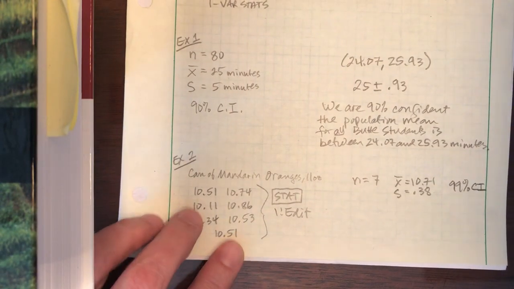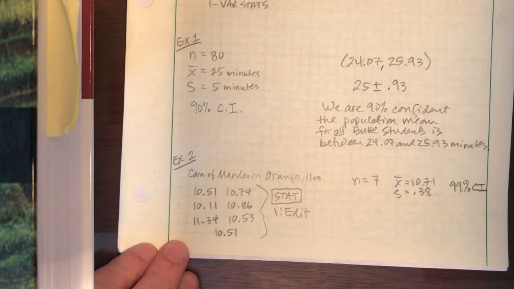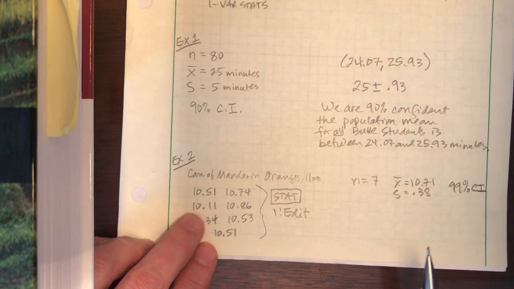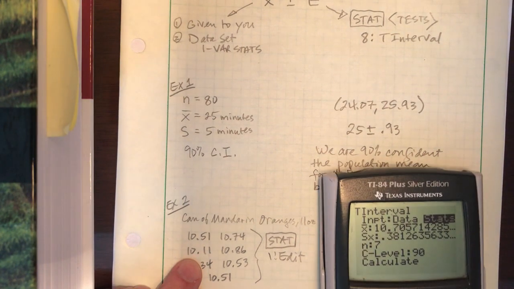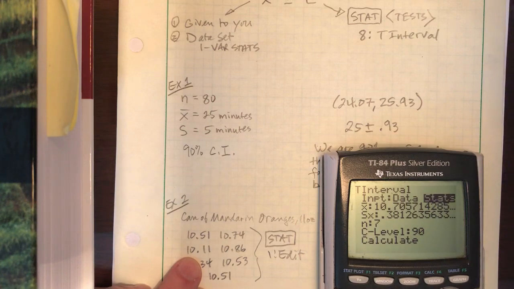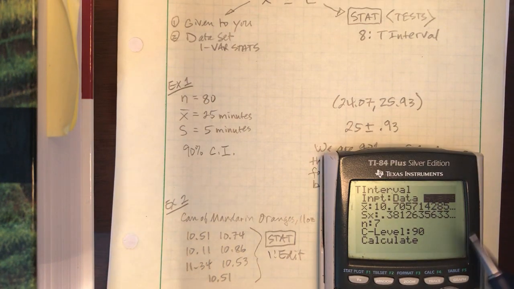All right. Well, what's nice about this feature is once you've put the data in your calculator and you've run OneVar Stat and you're getting ready to get your confidence interval by hitting stat, tests, number 8, notice what happens. When you run OneVar Stat, your calculator assumes you did it for a purpose, and it automatically dumps those values in for you.